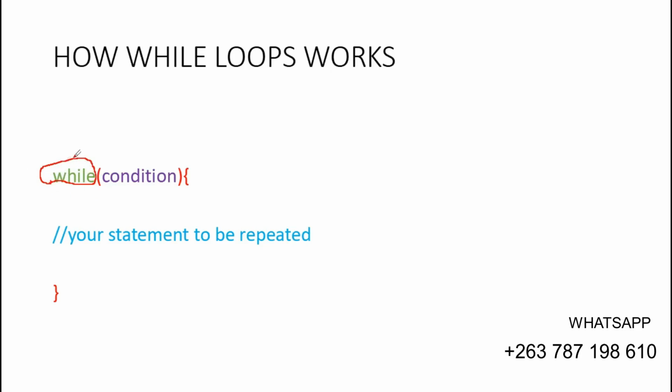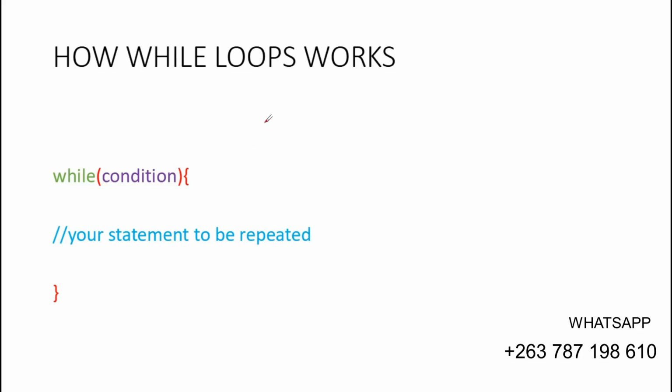After you type in the while keyword, you need your brackets, and inside these brackets is where you write your conditions. What's a condition, you may ask? A condition is a conditional expression we can use, just like greater than or equals to.